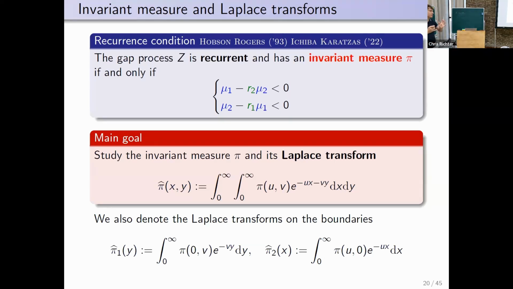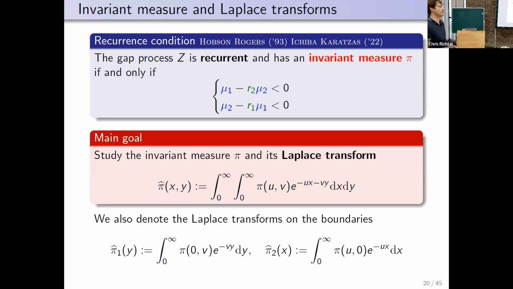I have no time to explain too much, but you have to make sure that the reflection vectors are not too inclined towards infinity, in order that the process doesn't go to infinity along one axis, or you do not want the drift to be positive. This is the condition that we will assume throughout this talk.